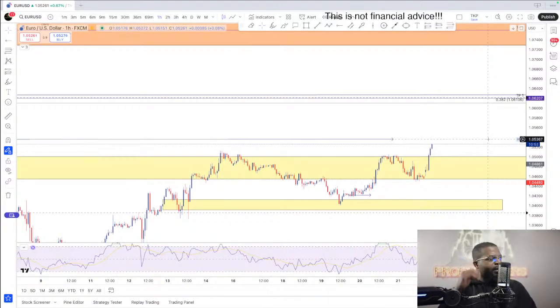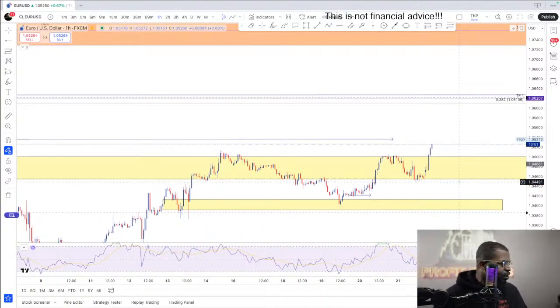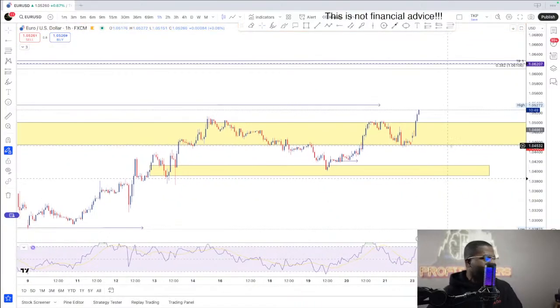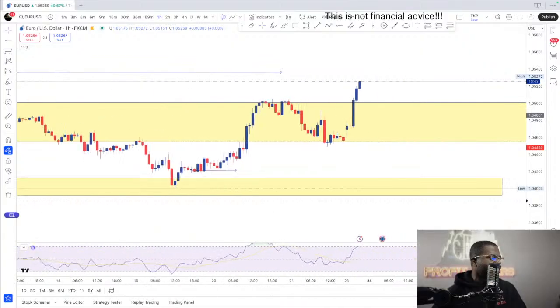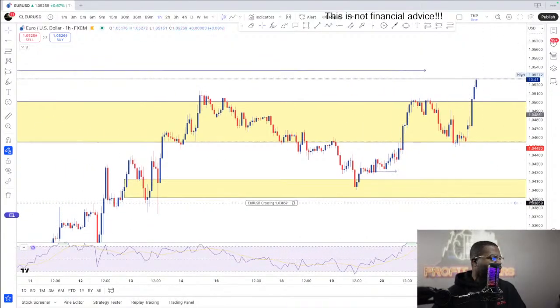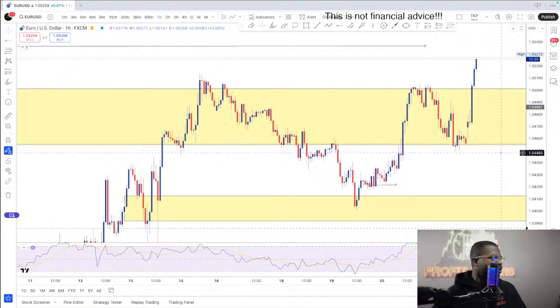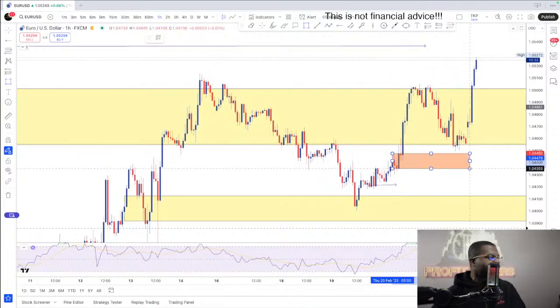Yeah, it's a gap right there. Yeah, I still want to wait on that daily. Did this get hit? It doesn't look like that got hit. It didn't. I would feel safer taking that trade.